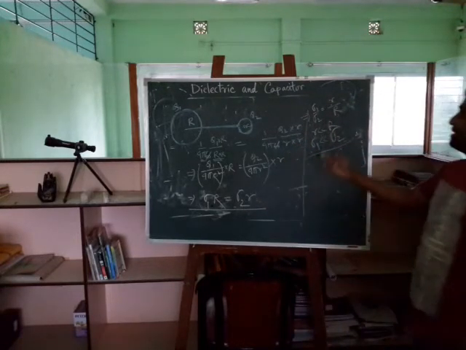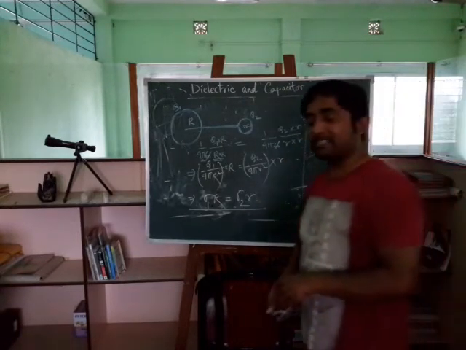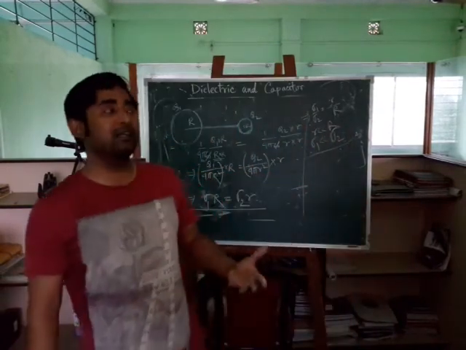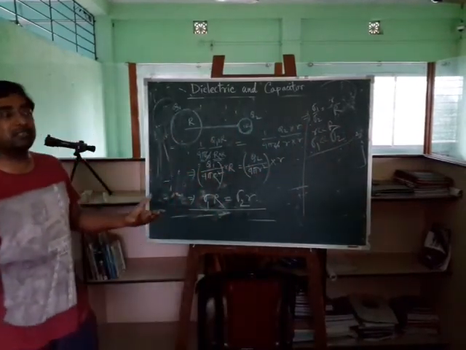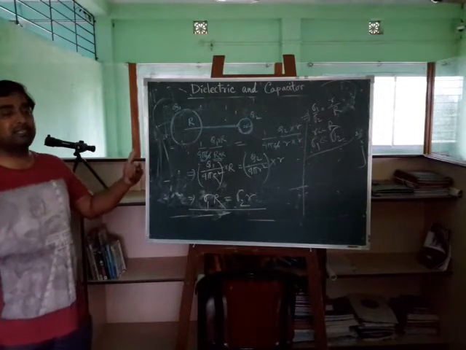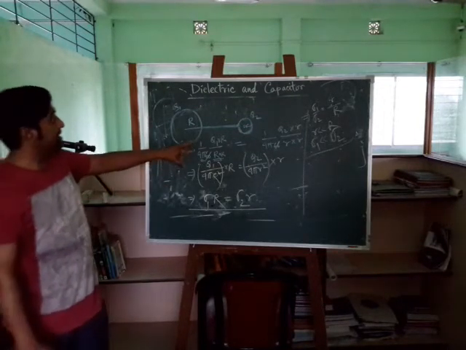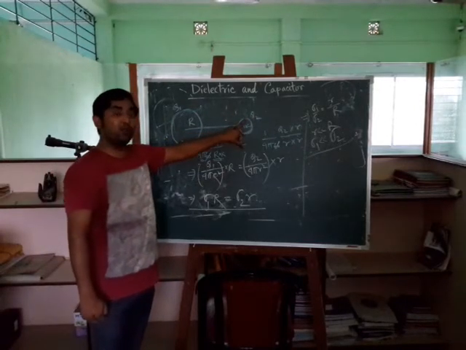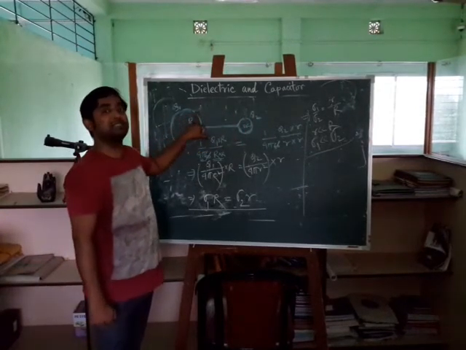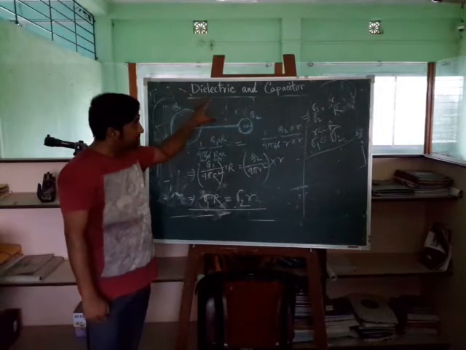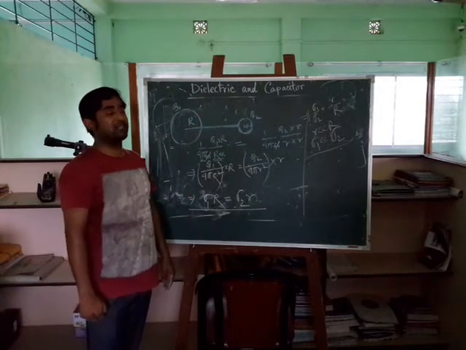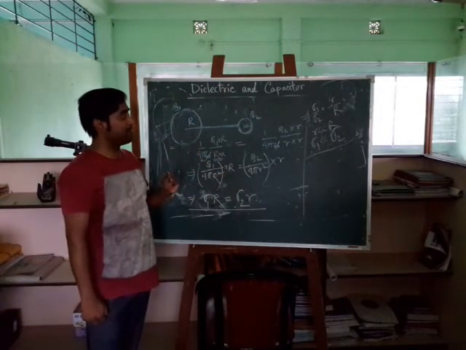That means if we have two conducting spheres connected by a conducting wire, and we give Q amount of charge, the charges will distribute in such a way that the potential will be constant. But most importantly, the surface charge density here is more than the surface charge density here. They have to maintain the same potential, so the charge distribution is not the same.